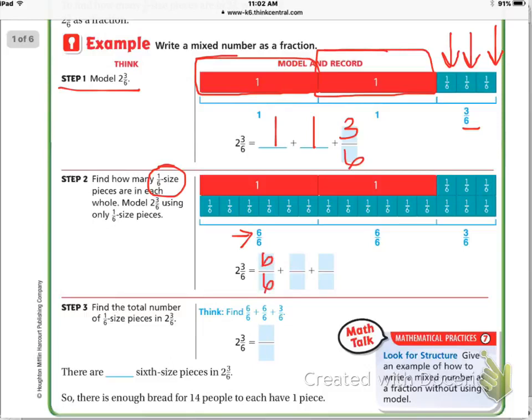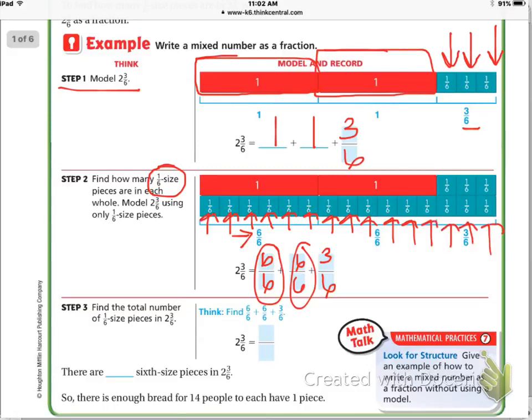So 6/6 for my 1 loaf of bread plus 6/6 for my second loaf of bread plus my 3/6 left over. I can look and see how I cut each whole part into 6, and I have one big long row of unit fractions.